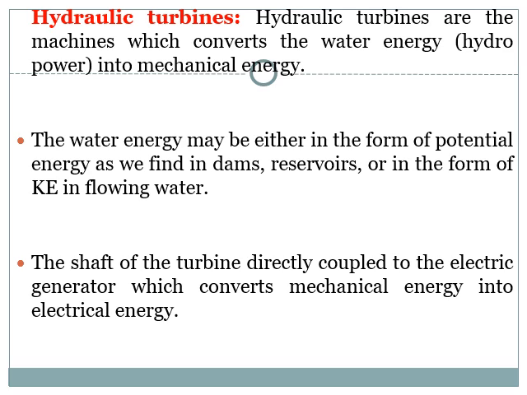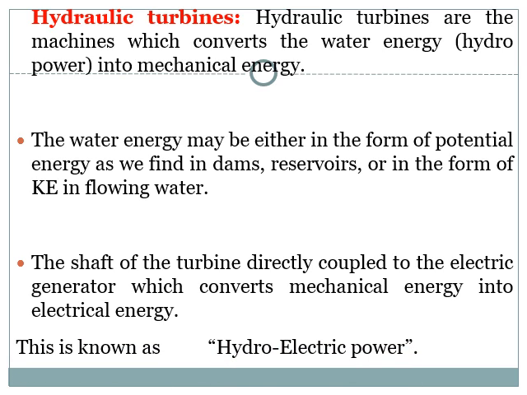This output shaft of the turbine is directly coupled to the electric generator, so the mechanical energy in the turbine gets converted into electrical energy. And this whole setup is called a hydro power plant, and the power available here is called hydroelectric power.